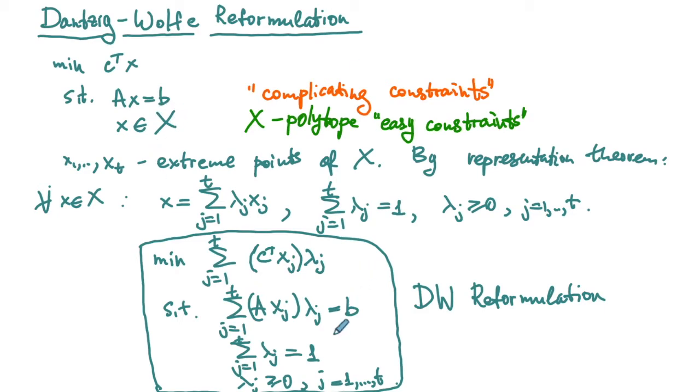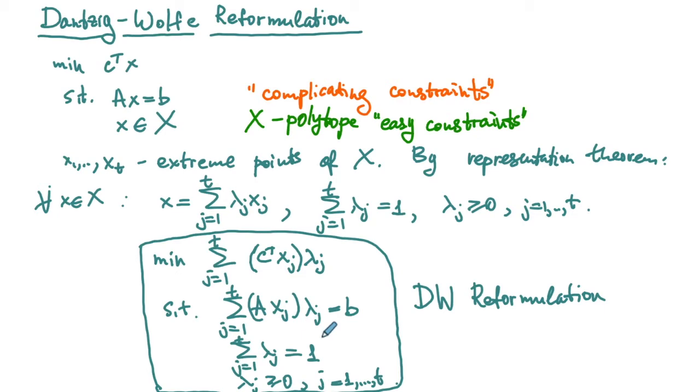Instead, we will start with a small subset of extreme points of X capital in this formulation in order to obtain what we call the restricted master problem. Then we'll try to apply the column generation framework in order to obtain other extreme points of X, which will help us improve the objective of the restricted master problem.